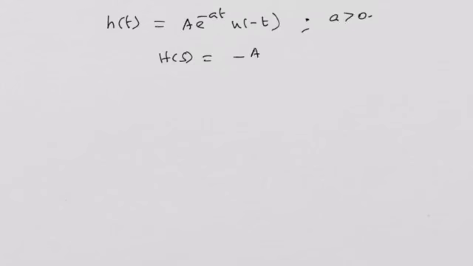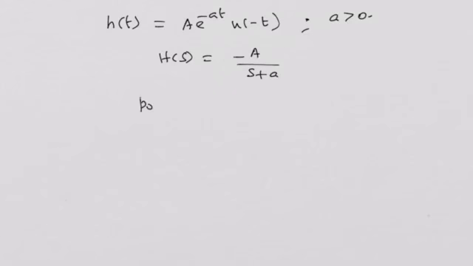Similar to this one, I'll take the second example. h of t is equal to a e power minus at, but this time they have taken the impulse response as an anti-causal sequence. a greater than 0, right? Anti-causal. If so, H of s is equal to minus a divided by s plus a.